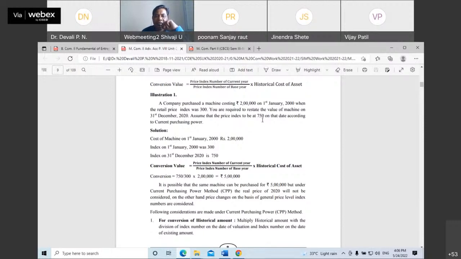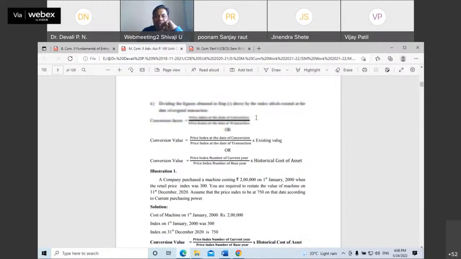There are two very important things here. The retail price index was the base because it related to the past, and that we have to consider. Another thing is that we are going to consider the price index at current 750. So this is the past and this is the current. So we got two price indexes.